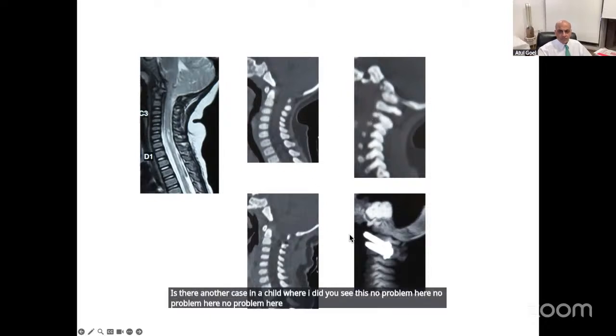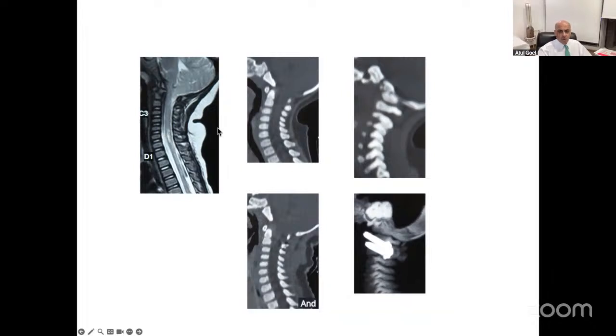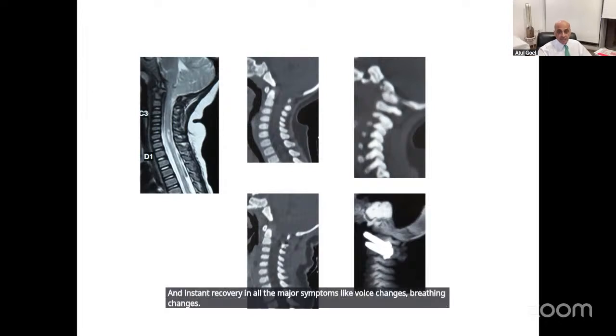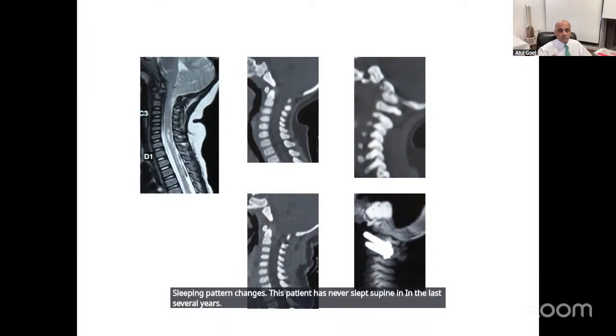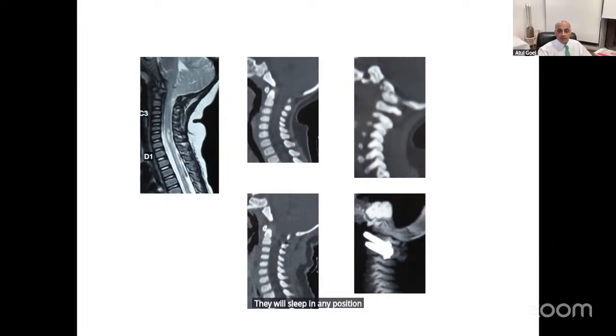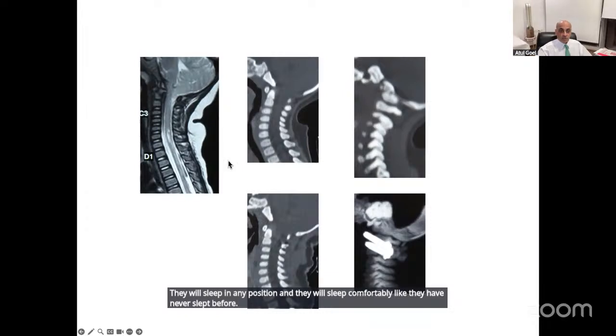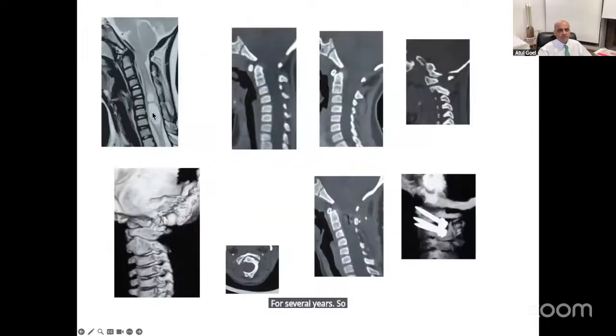And I do C1, C2 fixation and instant recovery in all the major symptoms like voice changes, breathing changes, sleeping pattern changes. This patient has never slept supine in the last several years. Post-operatively, most of these patients will not only sleep supine, they will sleep in any position, and they will sleep comfortably like they have never slept before for several years. So these are magic kind of situation.